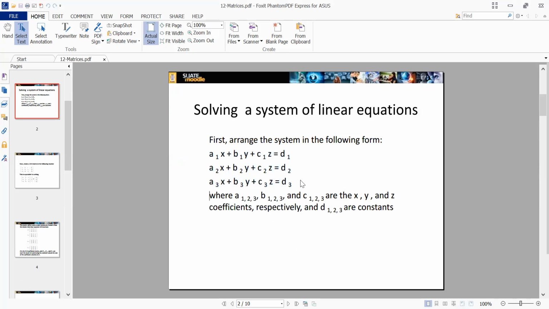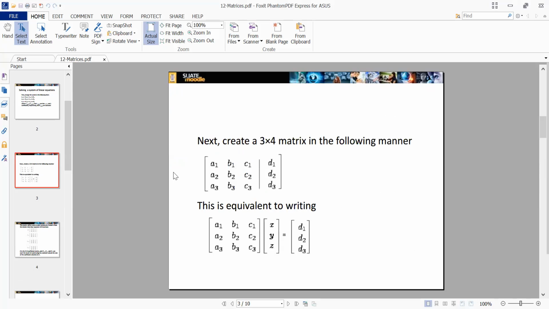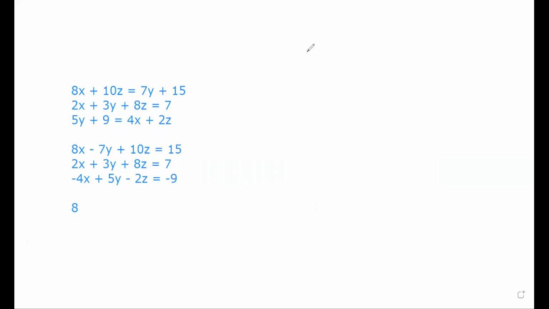From this one, the next step, we have to create the matrix. Okay, so let's see how to do that. So 8, minus 7, 10, the value is 50.